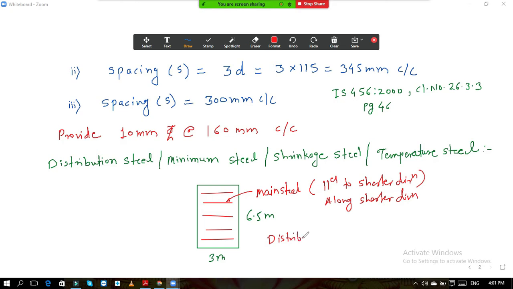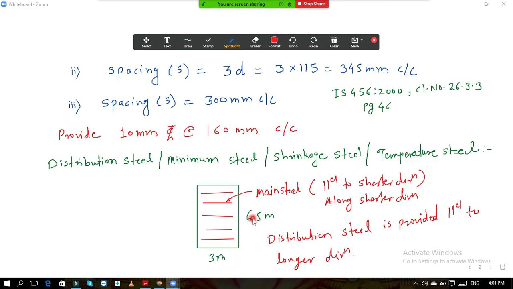Distribution steel is provided parallel to the longer direction. So remember this, these are important points. Note it down.